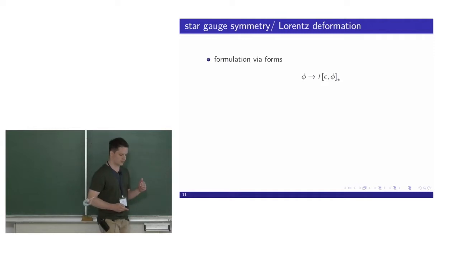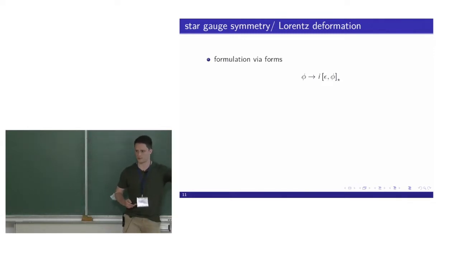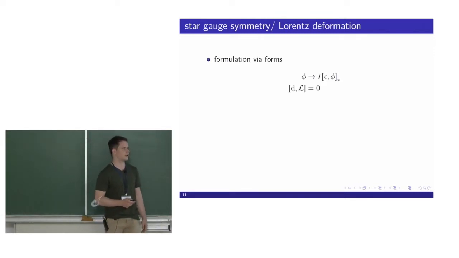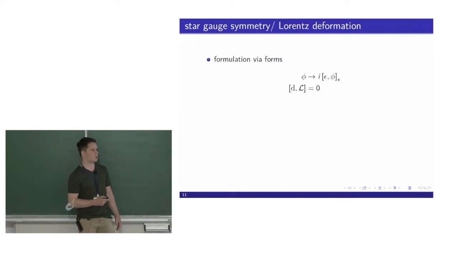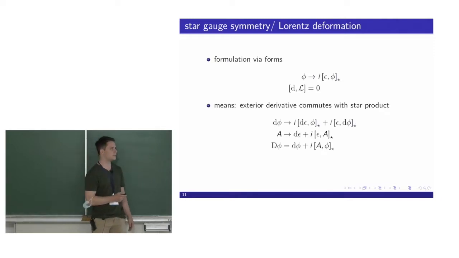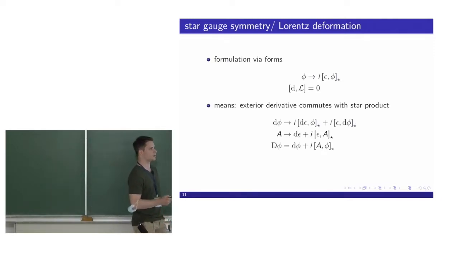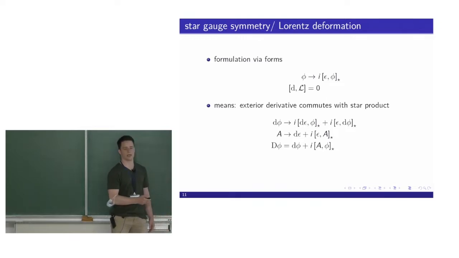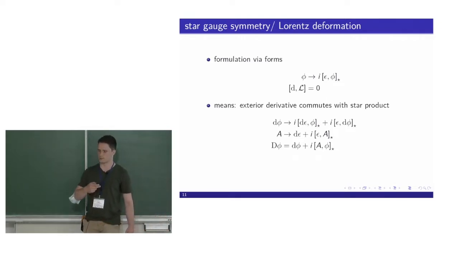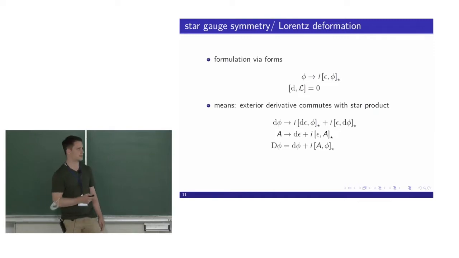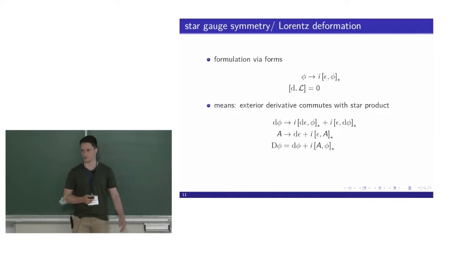But instead of considering partial derivatives of this scalar field, we consider exterior derivatives. The reason for that is these always commute with Lie derivatives, and since they commute with Lie derivatives, these exterior derivatives always commute with the star product, because the twists in the star product act via Lie derivatives on the objects.